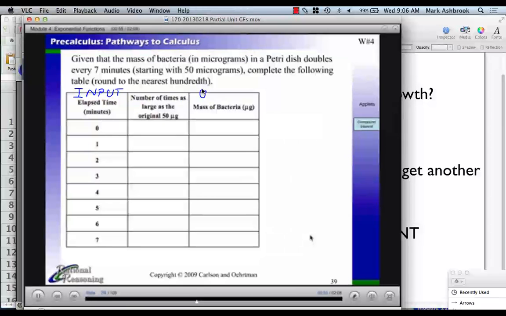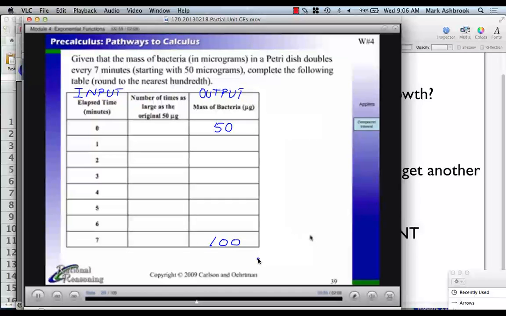And then our output is going to be the mass. So we have some information here. It says that starting at 50 micrograms, so at time 0 we got 50, and if it doubles every 7 minutes, then what can you conclude right away? At 7 minutes it'll be how much? The mass will be 100.